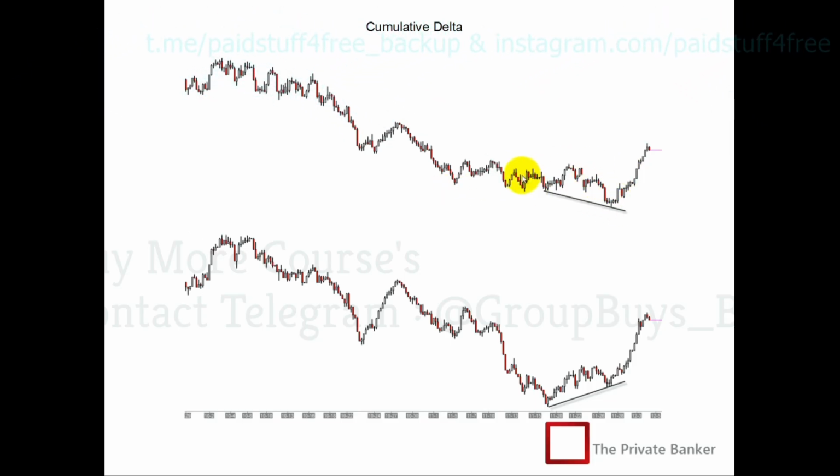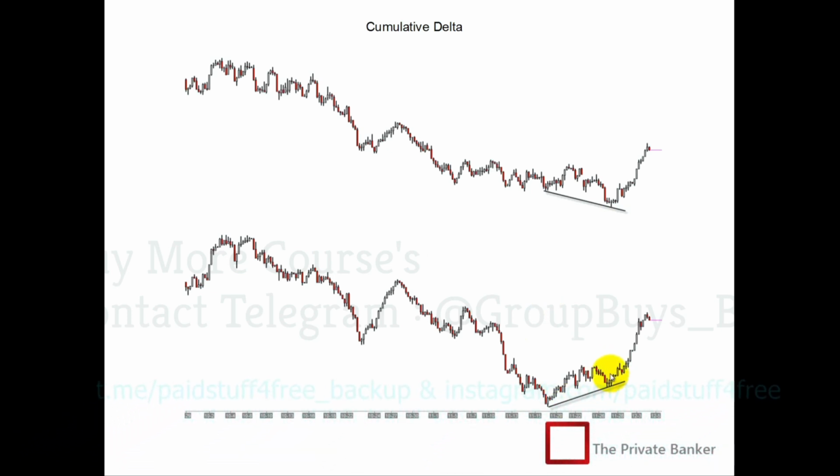What does that look like on our delta? Again, we see a strong move down, not very successful. So maybe some covering is starting to come in, and then finally we get that flush move lower. However, delta does not make a lower low. So I guess that's a little opposite of what I just showed in the previous chart. But again, it's a divergence that we want to take note of.